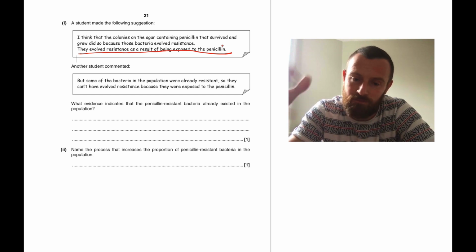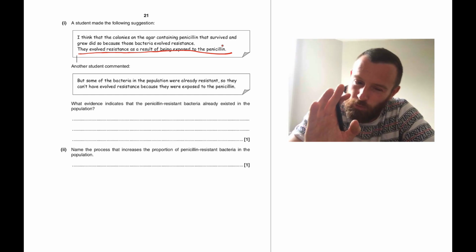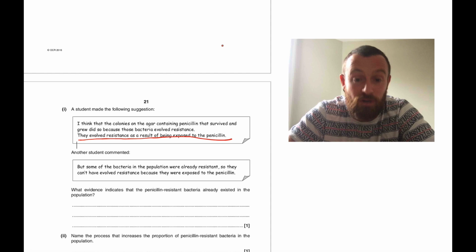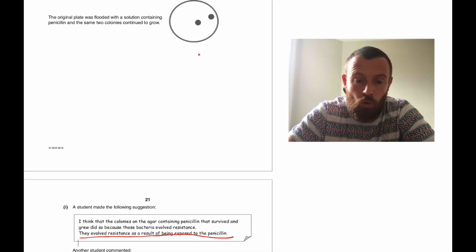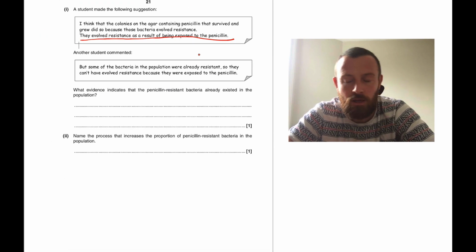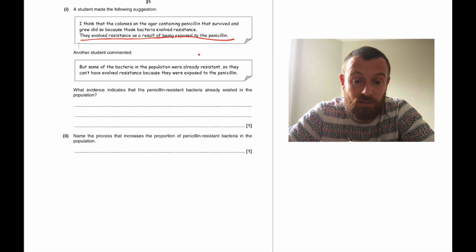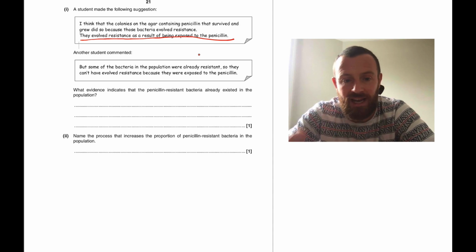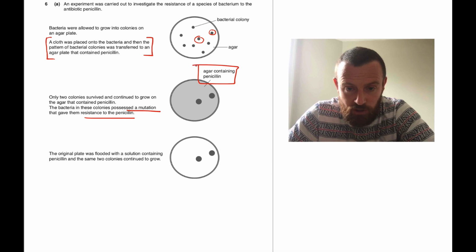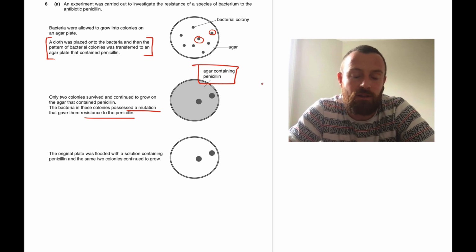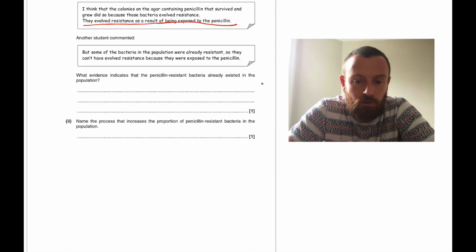It would maybe take some time, and furthermore, probably the better evidence is that when the original plate was flooded with penicillin, those 2 colonies survived. So there was already a mutation present that gave them resistance. It wasn't the exposure on the second agar plate, this middle one here. It wasn't this exposure that made them resistant. There was already a mutation there.